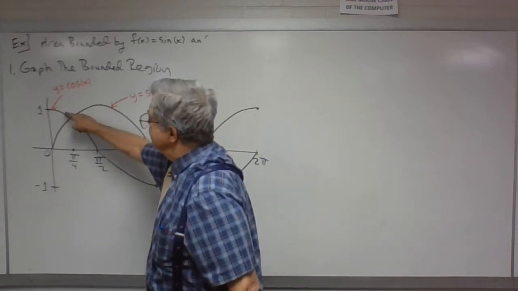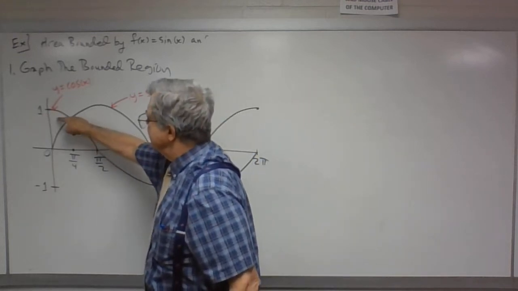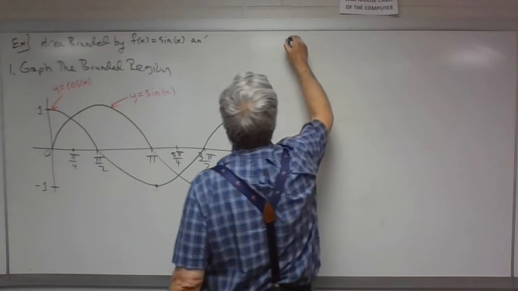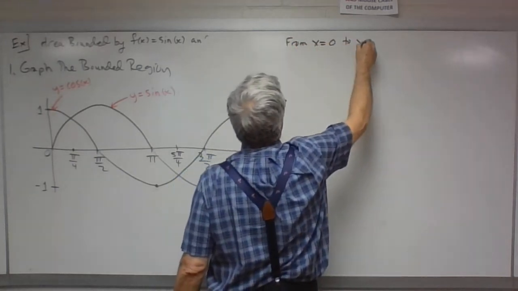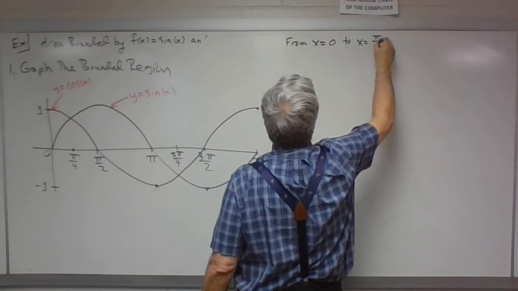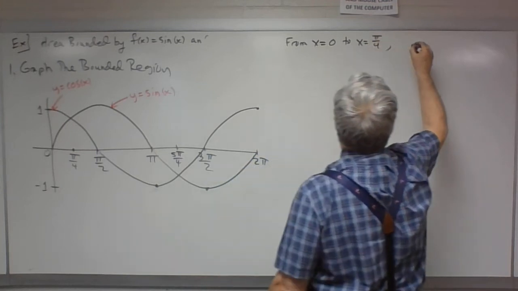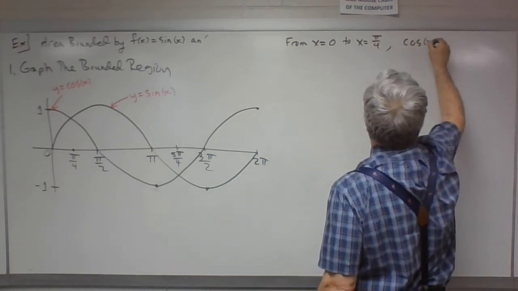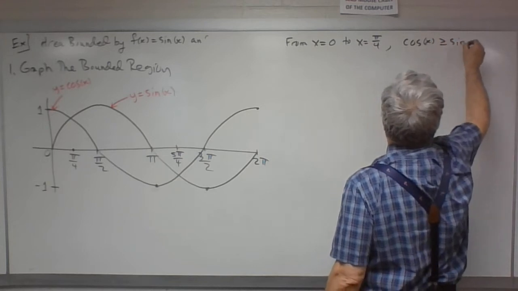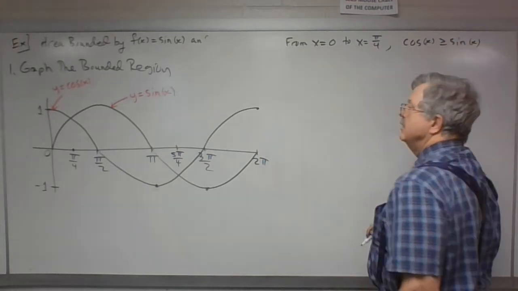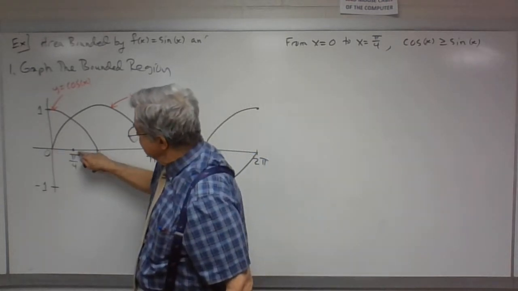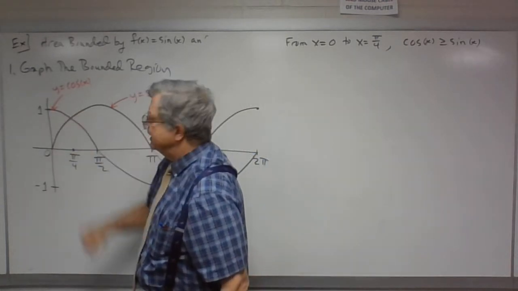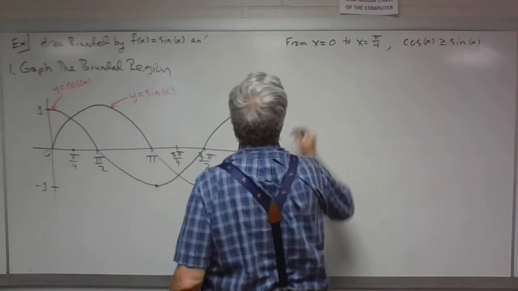We start off with cosine of x being the greater function. From x equals 0 to x equals pi over 4, cosine is the greater function.